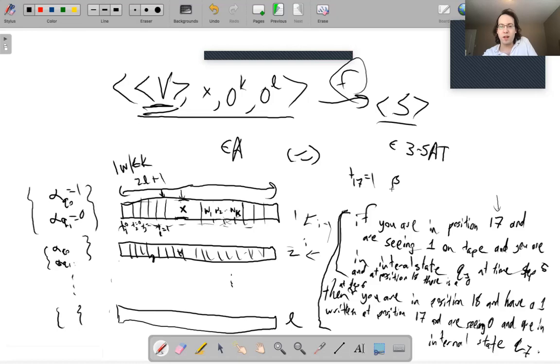If tape position beta 17 is equal to 1 as well, because you're seeing a 1 there, okay, and you're in internal state Q3, so alpha Q3 is equal to 1, and in position 18 there's a 0, right?